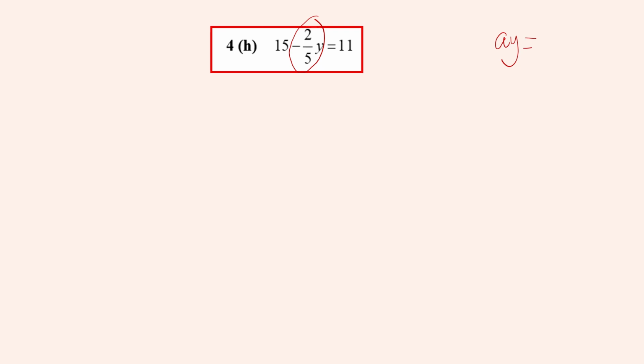So in this case here, if you have 2x, let's say, 2 is the coefficient of x. It's just basically the number in front of the variable.